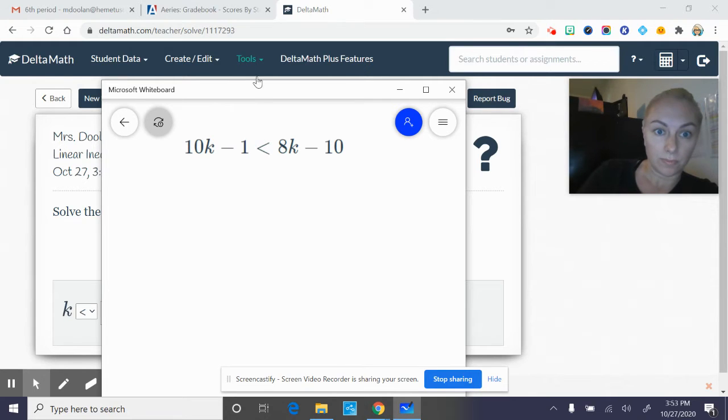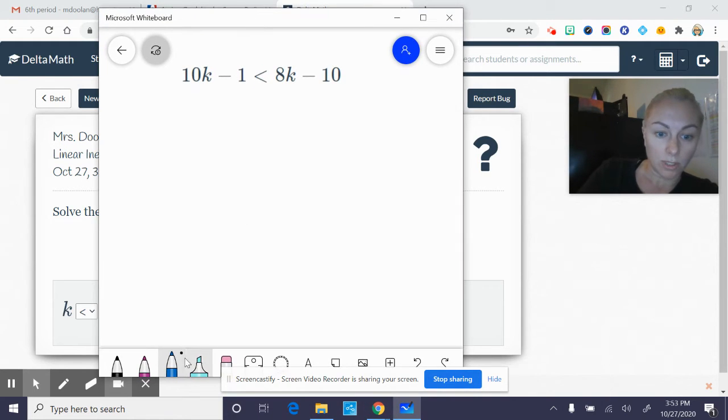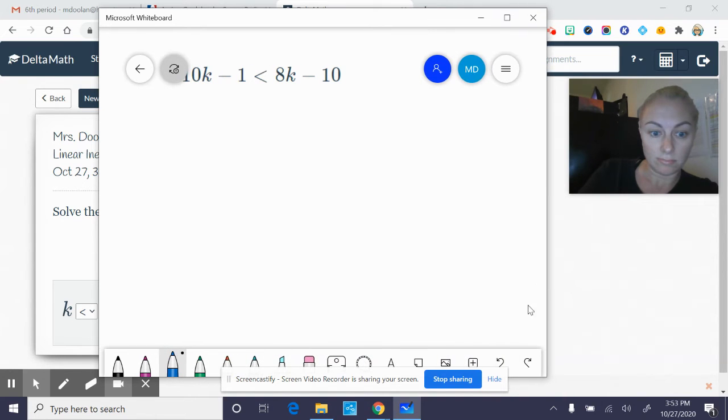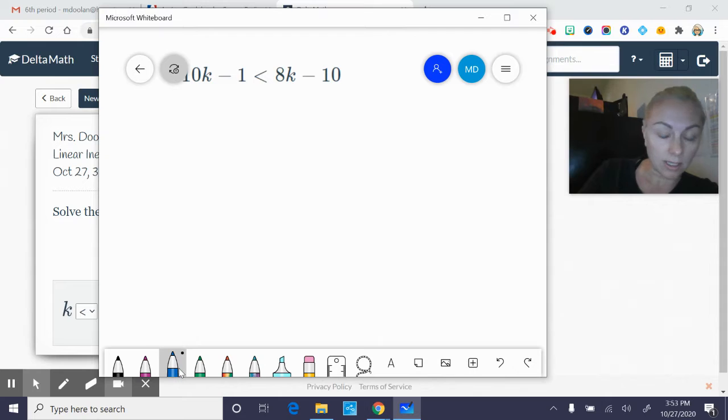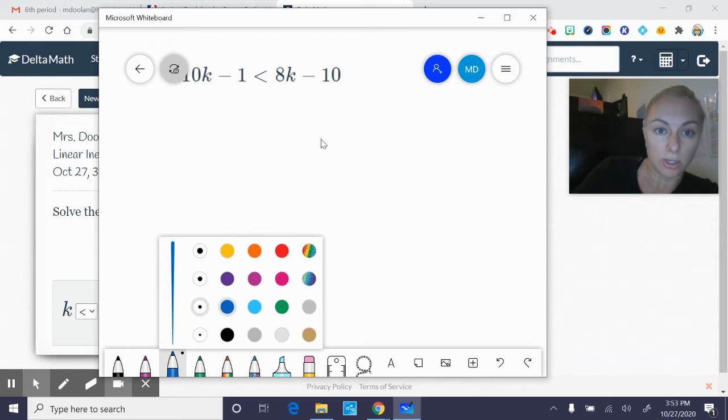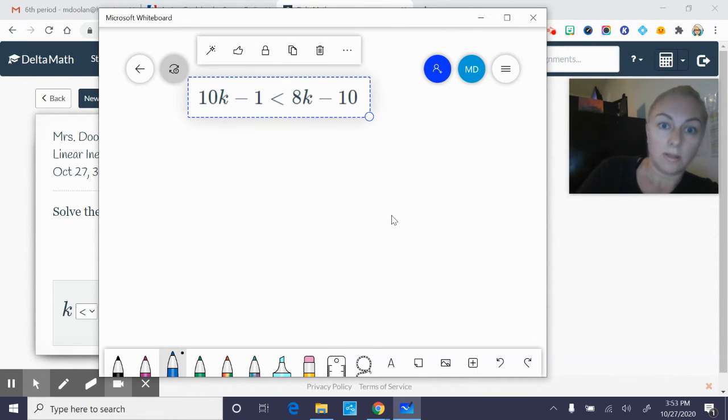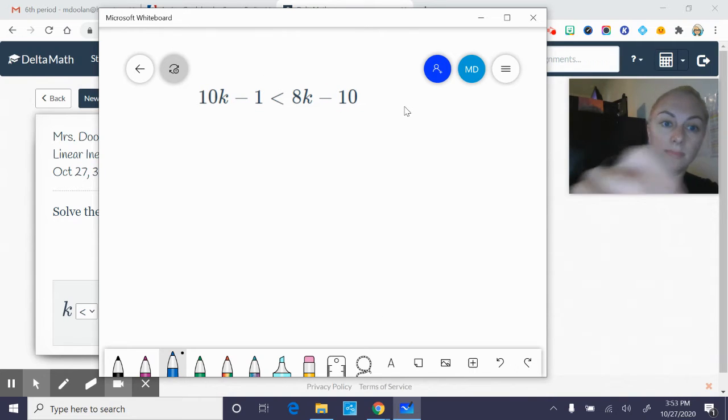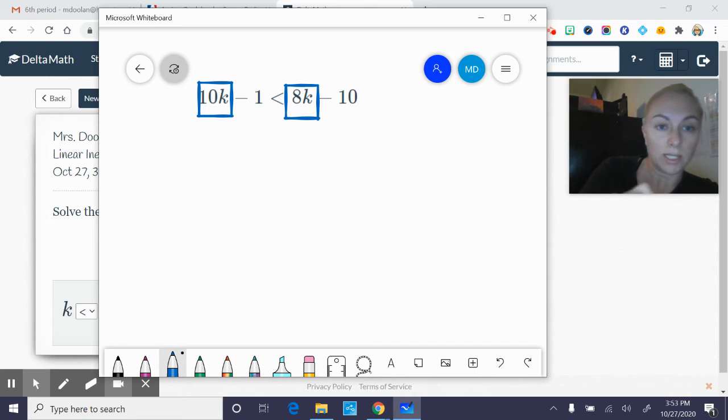So I'm going to use a pen here to identify my like terms. Anything that has a K in it, that's one type of term. I'll use a different color for my constants.